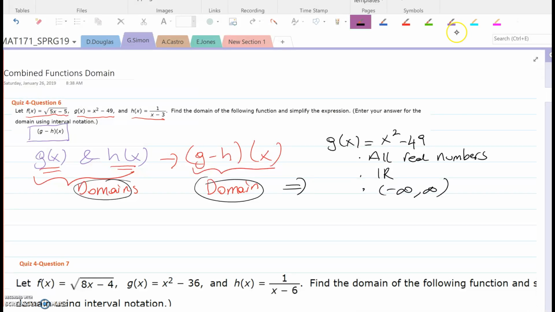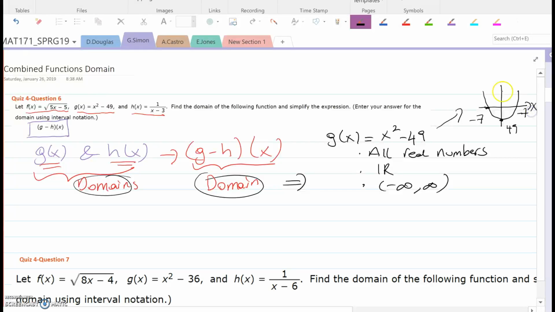It's a quadratic function. The shape will look like x squared minus 49. You are going to go 49 steps down, and these are going to be the intersection points, which you don't need, but it's good to know. So this function has no restriction as it's a polynomial one.